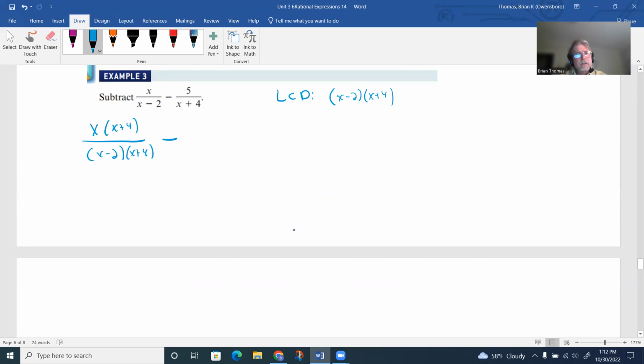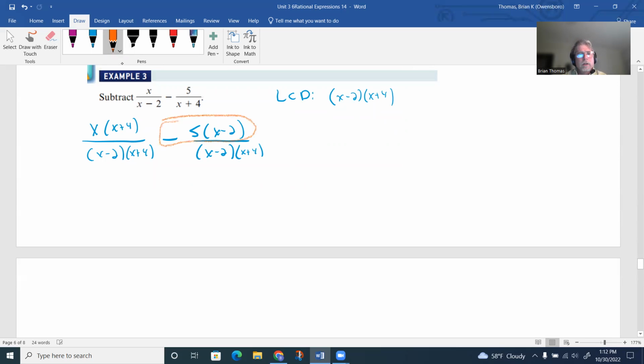And then we're going to be subtracting, and I got to multiply the second one by the x minus 2. That's going to be 5 times this x minus 2 over this x minus 2 times x plus 4. Now, the catch with subtraction is the minus sign needs to go through the second part as well.